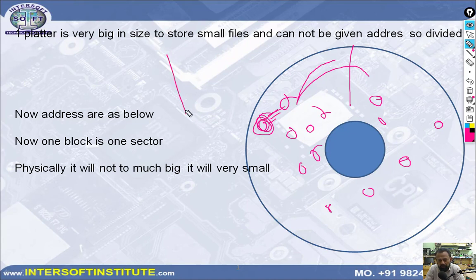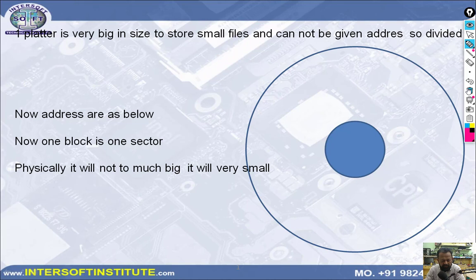Like a big container: if I put a small item in it, I cannot use any other space. So for this purpose, they have made the storage like this. The platter is very big in size, and small files cannot be given an address, so the platter is divided into portions like this.